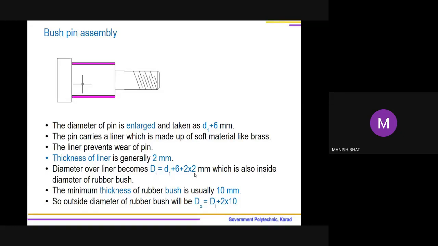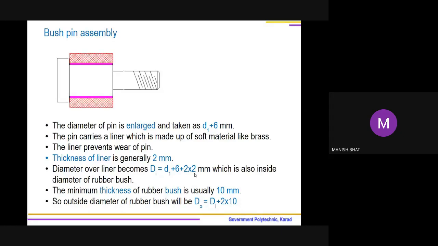So this is the liner fitted. Over this enlarged portion, a liner of 2 mm is fitted, and over that it carries a rubber bush. So this is the bush pin assembly. What will be the inside diameter of the bush? The inside diameter of the bush is the outside diameter of the liner, correct? So D1 plus 6, the enlarged diameter, plus 2 times the thickness of the liner, call it DI.